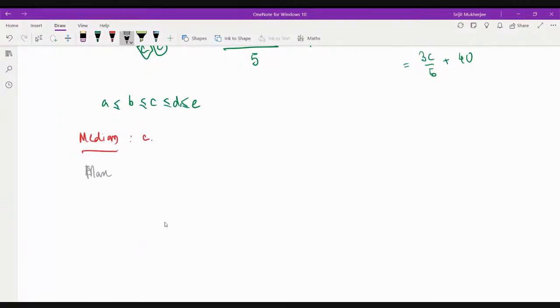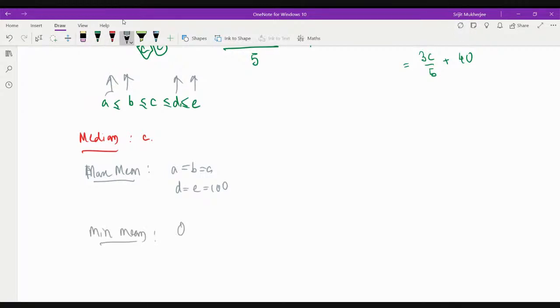The max mean we have seen can happen only if this is maximized before C and this is maximized after C. That is, A is equal to B is equal to C, and D is equal to E is equal to 100. So we are trying to maximize this. The minimum possible mean is what?